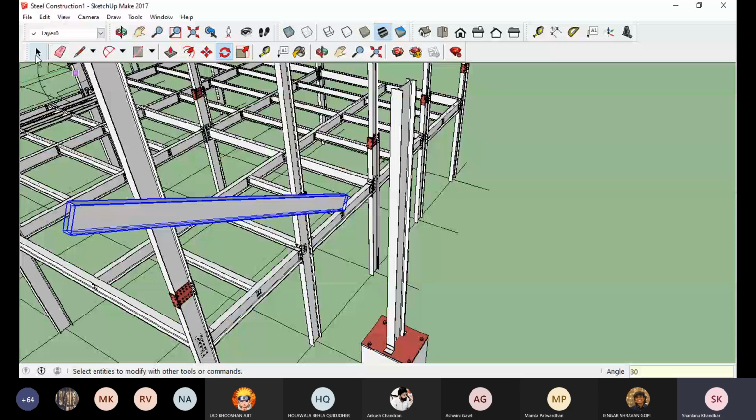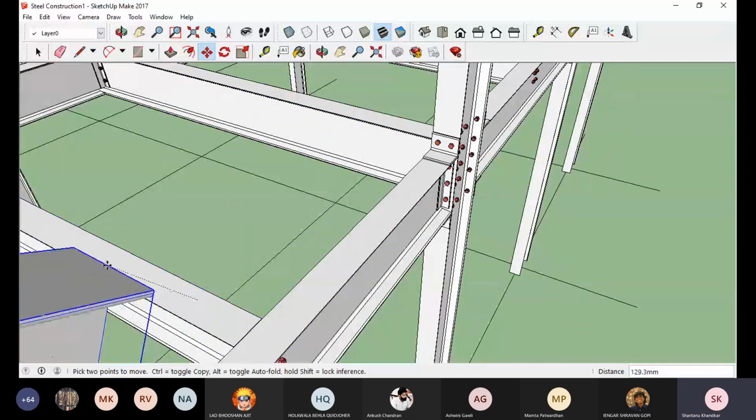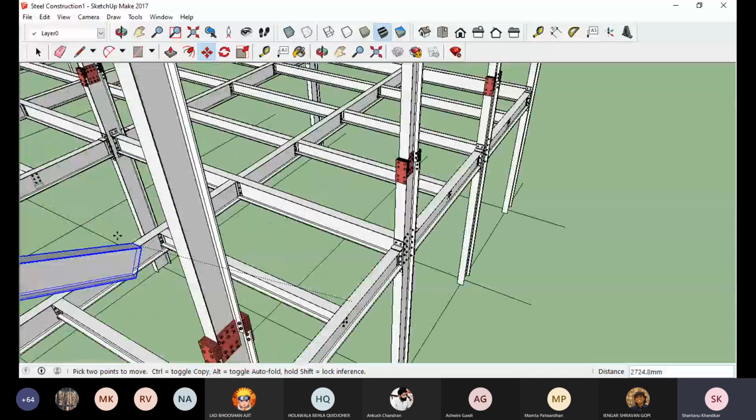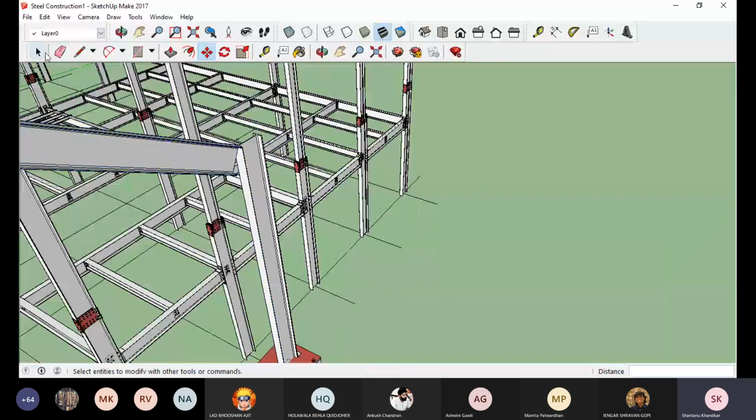Now I'm connecting two members like this, say, for example. This would be a very rare case, but just bear with me.